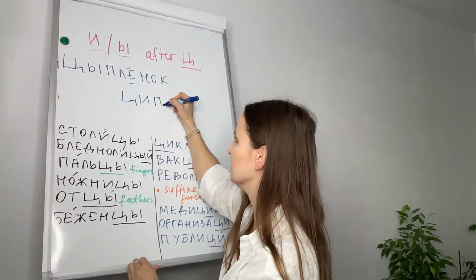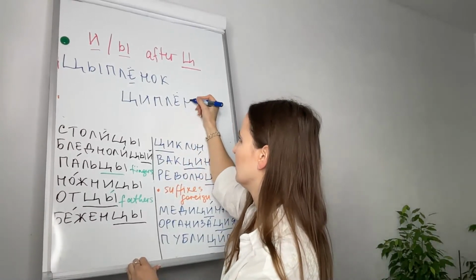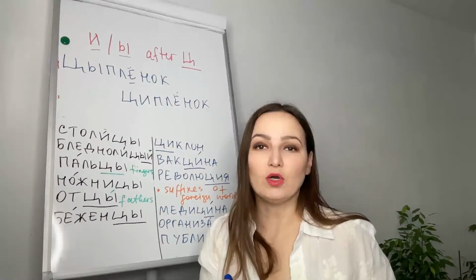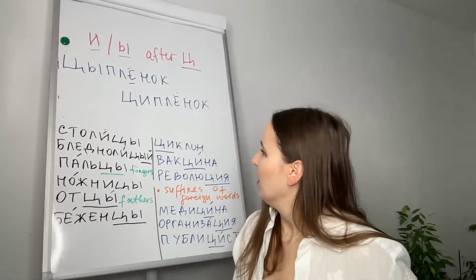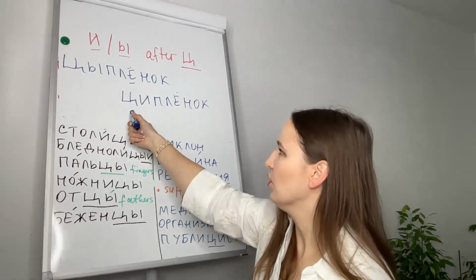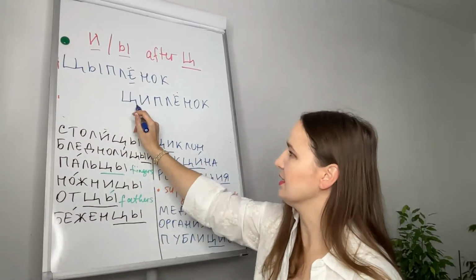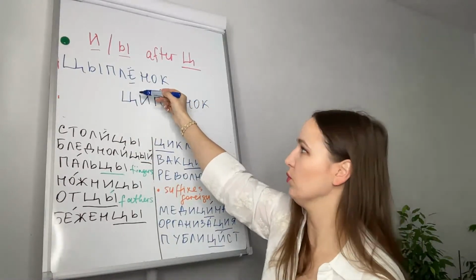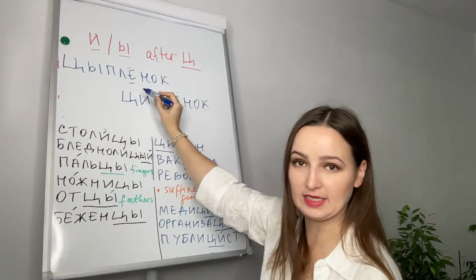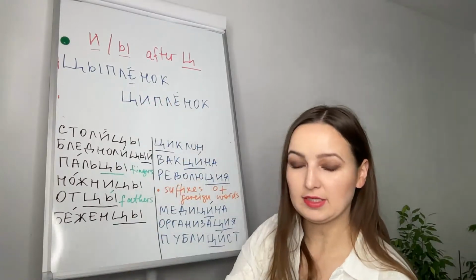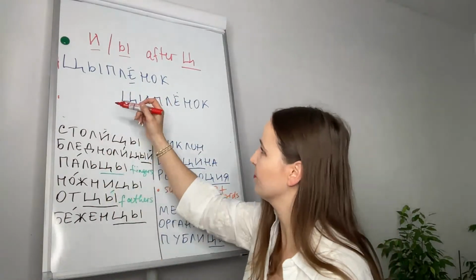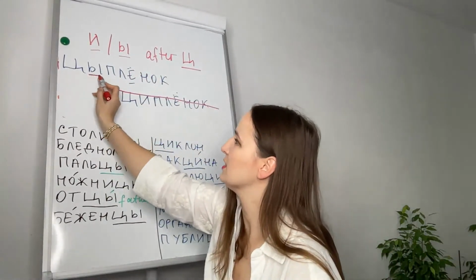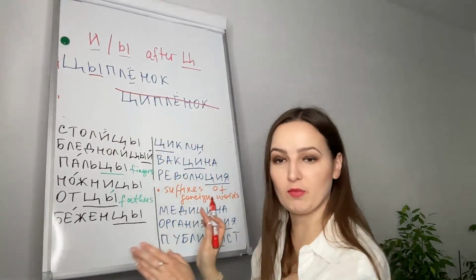So according to the rule, we would write Ц with И here, right? Because it is located in the root of the word. We have to write И here according to the rule. But because this is an exception, we will have Ы here. Цыплёнок. You just have to memorize that.